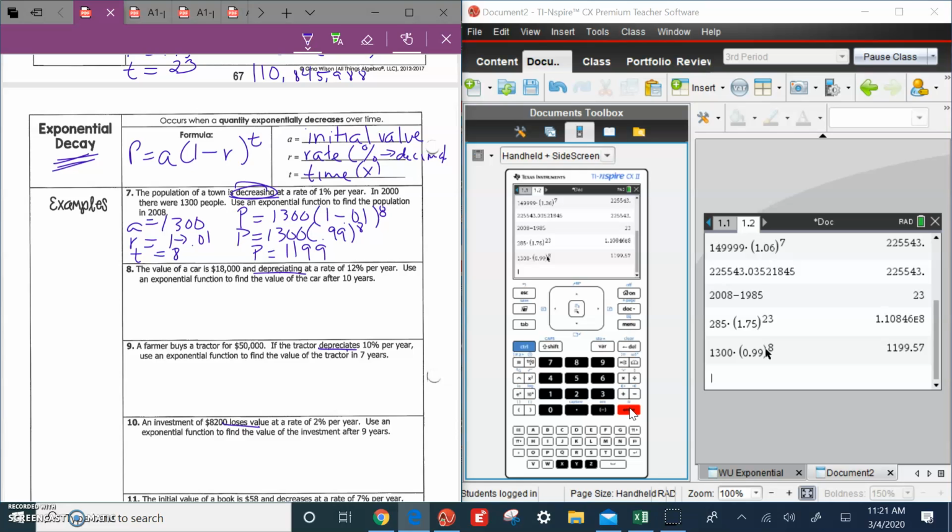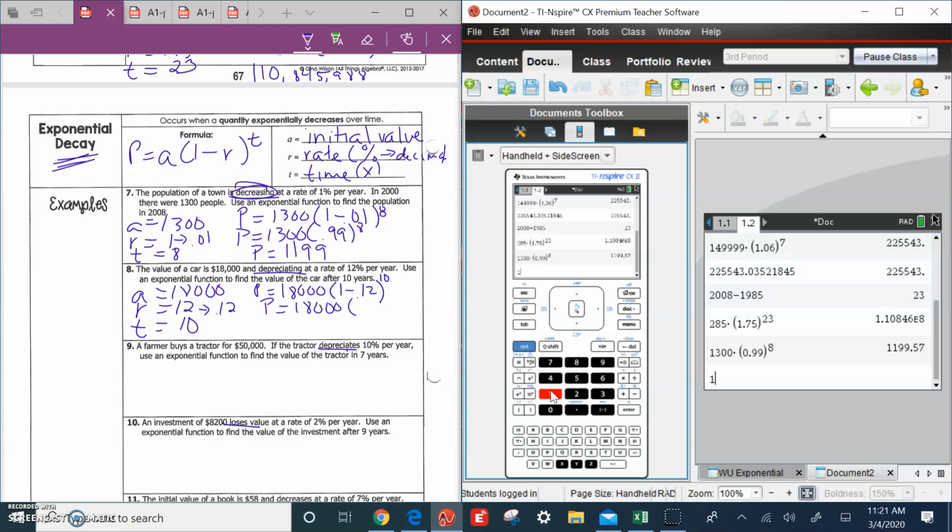Next one, same thing, but now it's money. And let's see if the video doesn't cut me off. But our A is 18,000 for a car. The R is 12% or 0.12. And the time is 10 years. So 18,000 is our A. 1 minus 0.12 raised to the 10. So P equals 18,000.